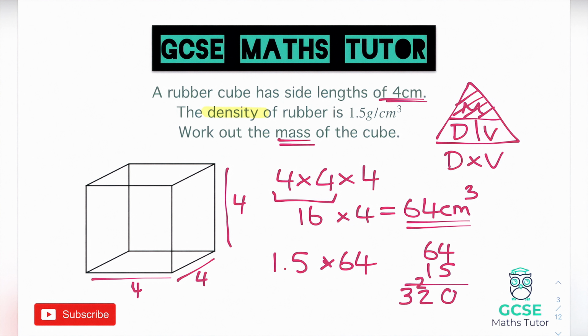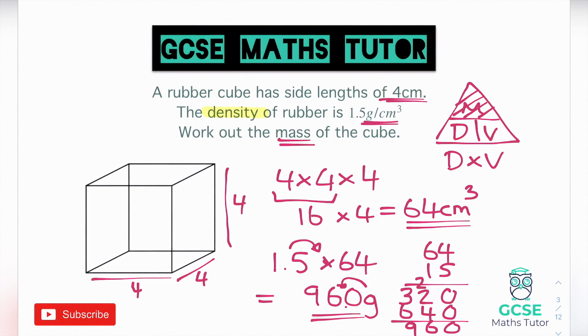Put our placeholder in, 1 times 4 and 1 times 6 is nice and easy. If we add that together, 0, 6 and 9, so you get 960, and then you just have to hop the decimal back in one jump as we took it out at the start. So you get 96.0, so that would be 96, and the units said grams per centimetre cubed, so that would be 96 grams as our final answer. So there we go, we'll get 96 grams.